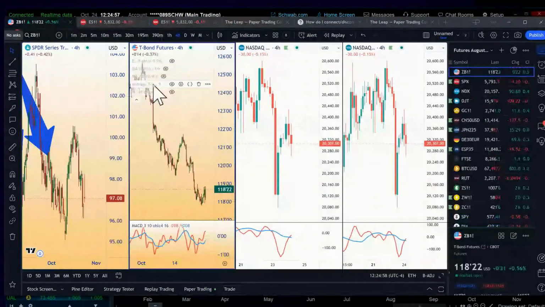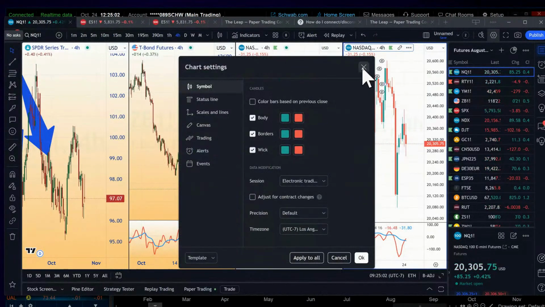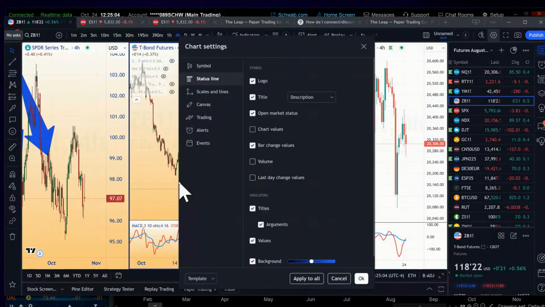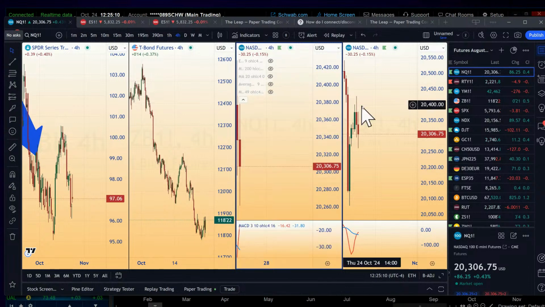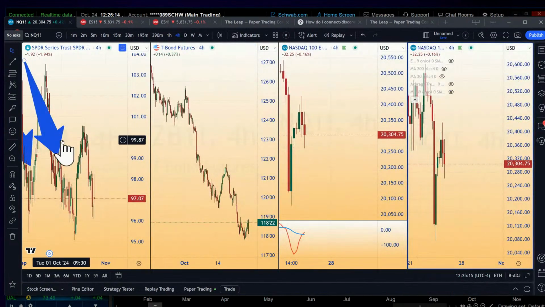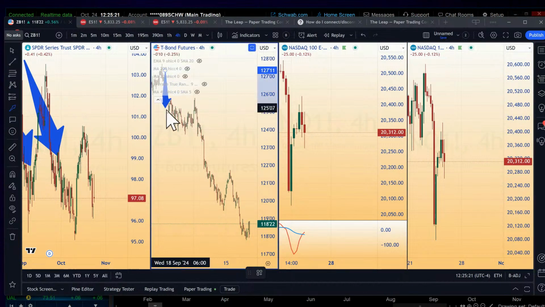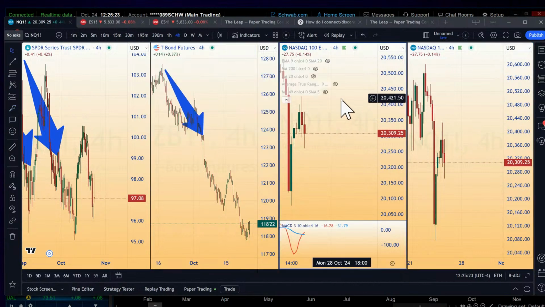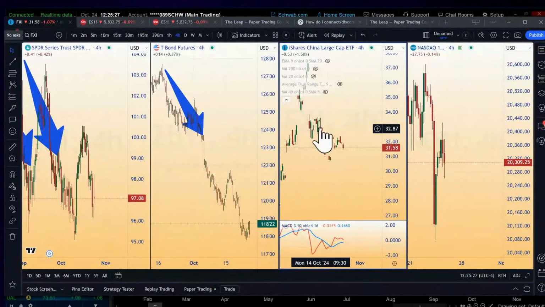to finding correlations. You saw it with the 20 moving average working beautifully. And check this out. Biotechs, bonds, FXI.